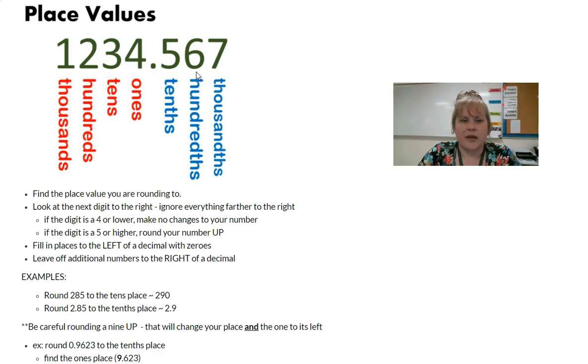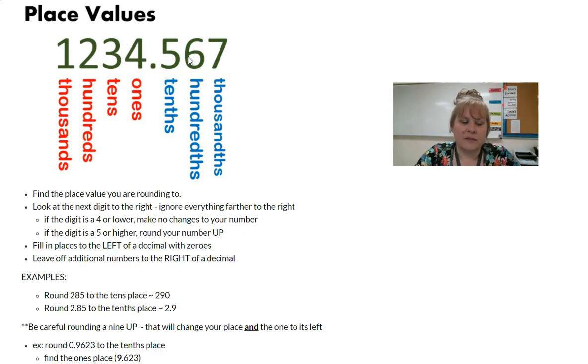If the digit to the right is a 5 or higher, then you're going to round your number up. In our place values number, the tenths place, the very next digit to the right is a 6. So if we were to round this number to the tenths, it would be 1,234.6. We would round that up.